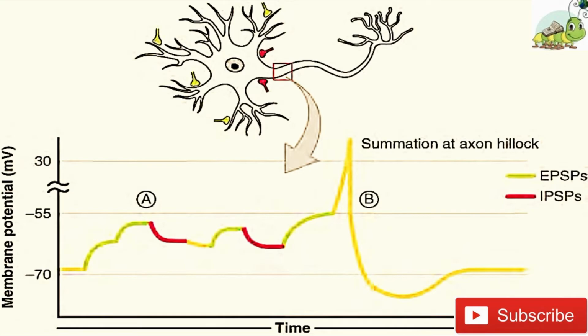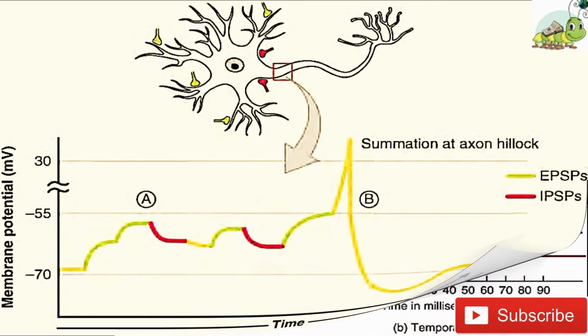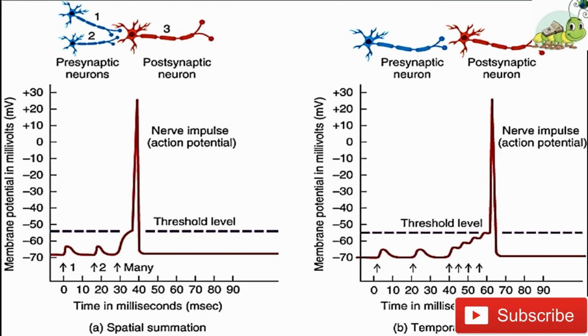These locations have a high density of voltage-gated sodium channels that initiate the depolarization phase of the action potential. Summation can be spatial or temporal, meaning it can be the result of multiple graded potentials at different locations on the neuron, or all at the same place but separated in time.